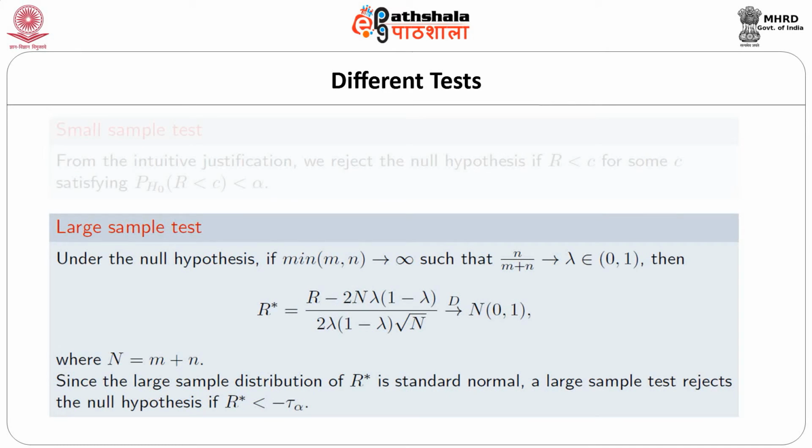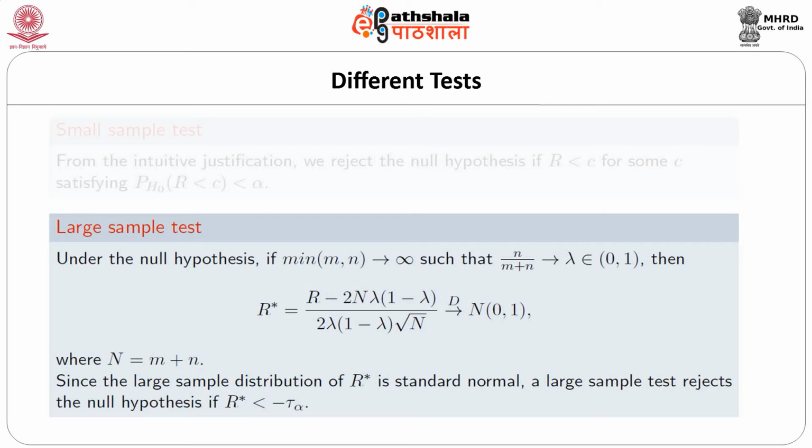Since we have obtained the large sample distribution of r, we find that under the null hypothesis, if the minimum of m and n tends to infinity such that n by m plus n tends to lambda, then r star, that is r minus twice capital N lambda into 1 minus lambda, whole thing divided by twice lambda into 1 minus lambda multiplied by square root of N, converges in distribution to a standard normal distribution.